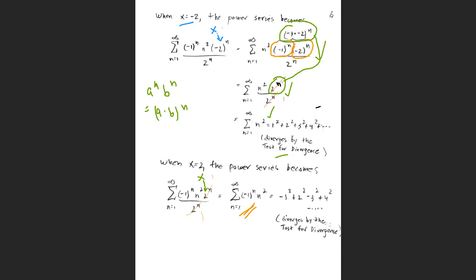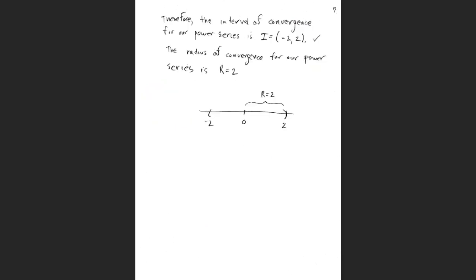So at neither of the endpoints does the power series converge. And so now we can say what our interval of convergence is. It's the open interval from -2 to 2.